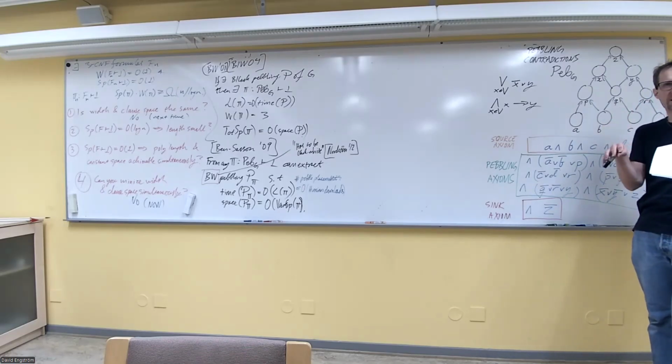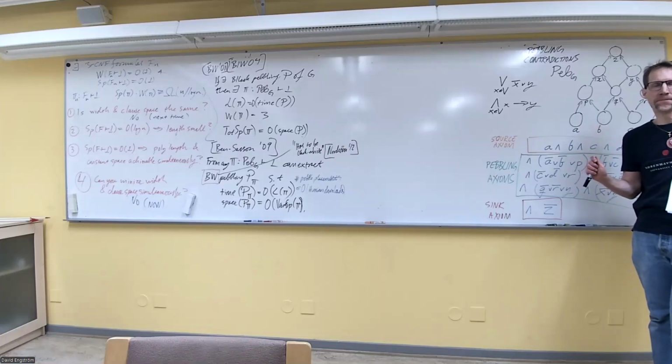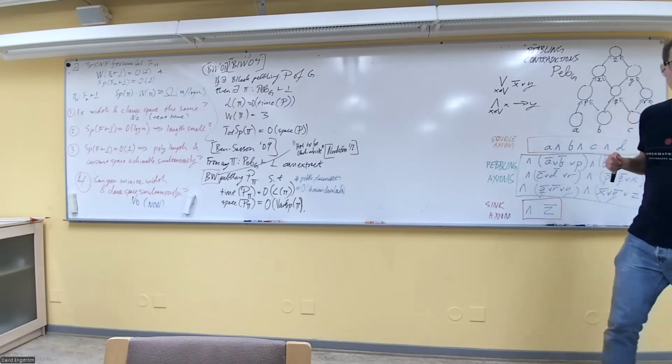You do these gadget reductions, there's no slack, you can't lose anything anywhere. And one reason, not the only reason, why we don't have PSPACE-completeness for black-white pebbling is that we don't understand this graph well.